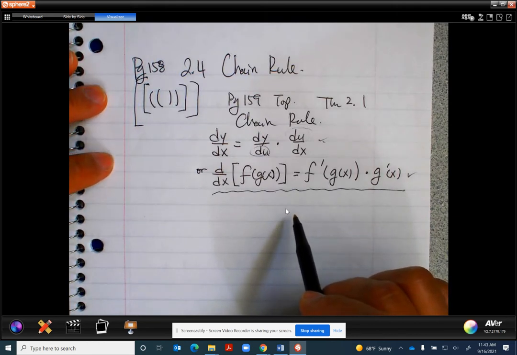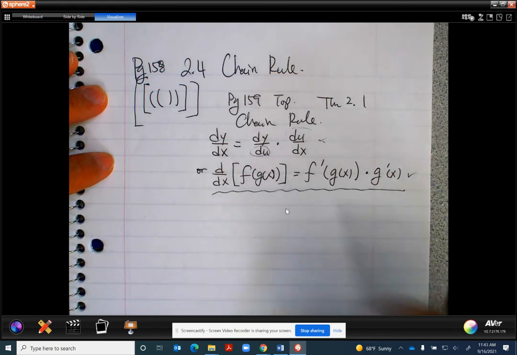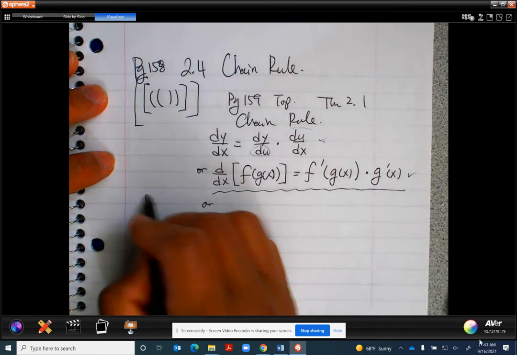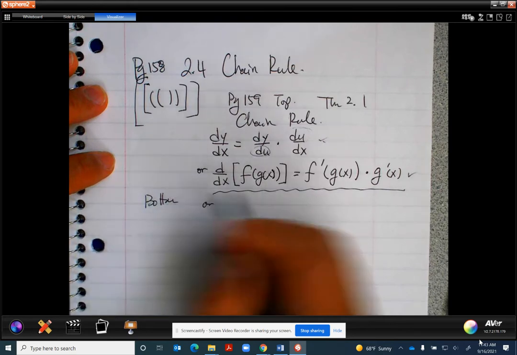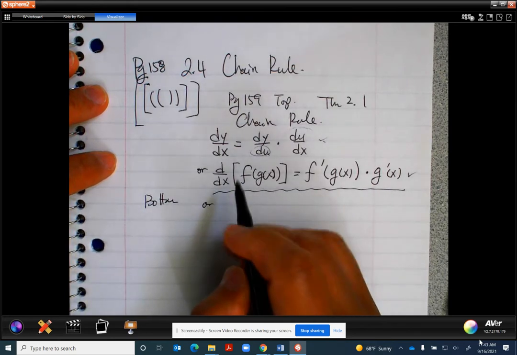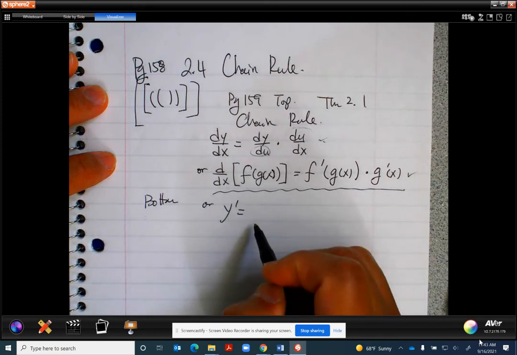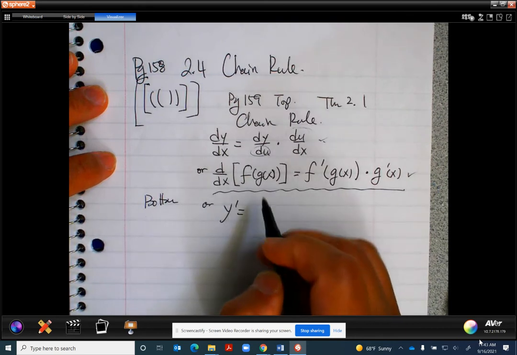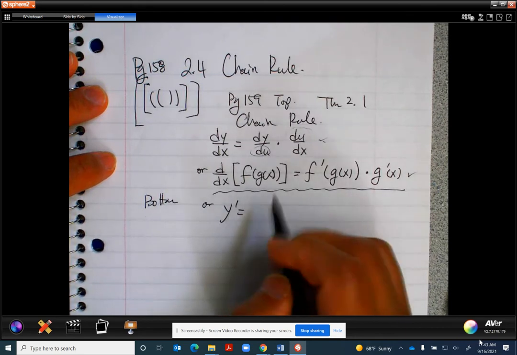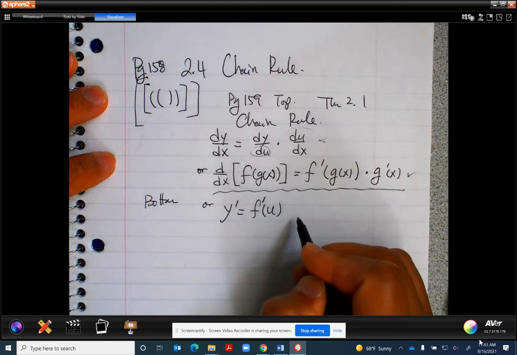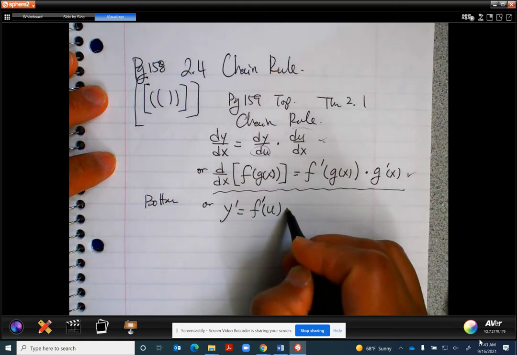They even have a third notation for this. This is on the very bottom of your page, same page. It says y prime, which is the same thing as a derivative, right? This is the short version of the chain rule: f prime of u times u prime.